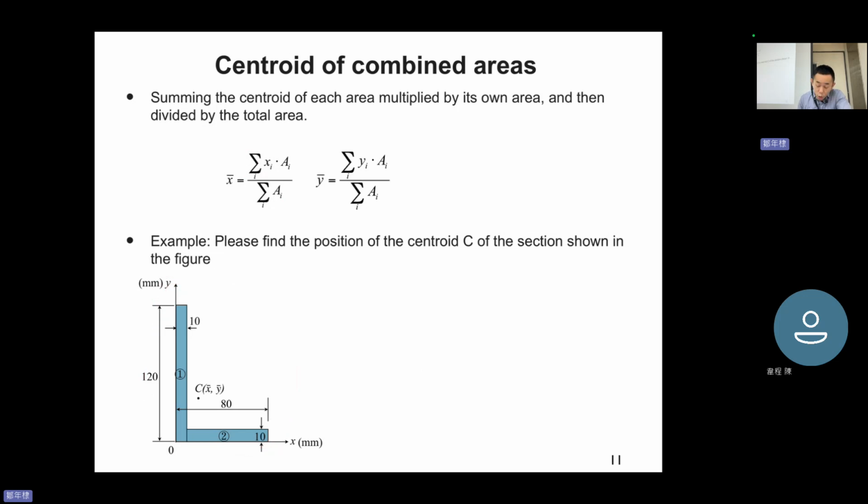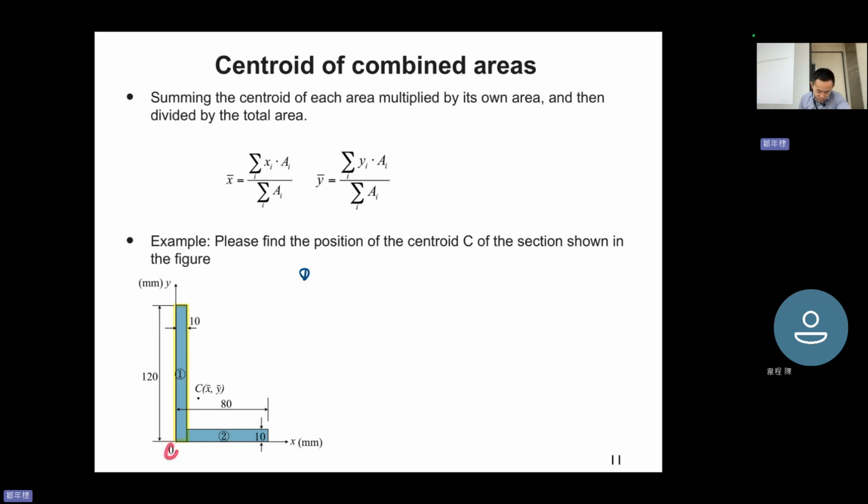Okay, so you have two areas. The first one, first area, okay? And you set the origin here.